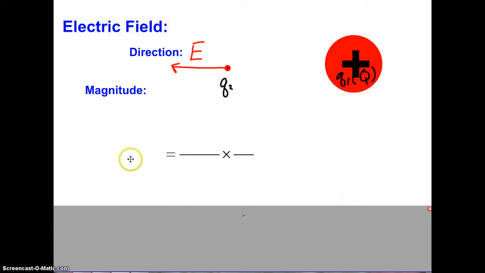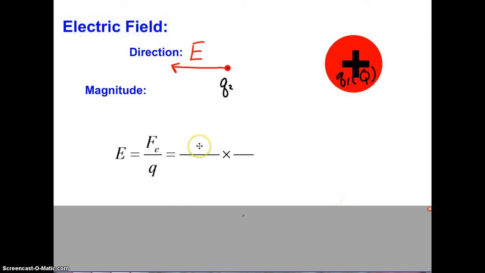To talk about magnitude, the strength of the electric field, capital E, is equal to the strength of the electrostatic force divided by the charge. To be more specific, it's the strength of the electrostatic force at that spot divided by the charge.